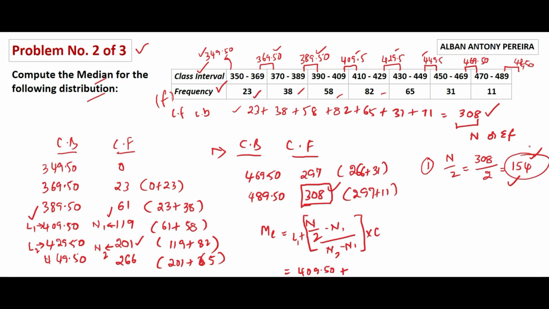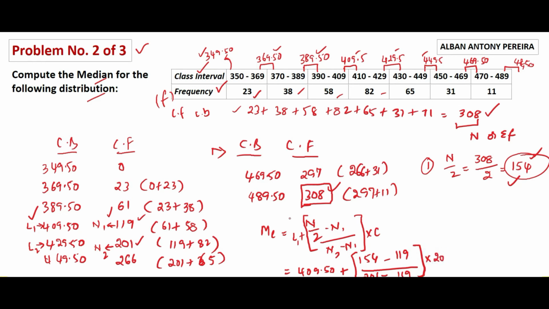So 409.50 plus n divided by 2, which is 154, minus n1, which is 119, divided by n2, which is 201, minus n1, which is 119, bracket close, into c. What is c here? C is nothing but 20.